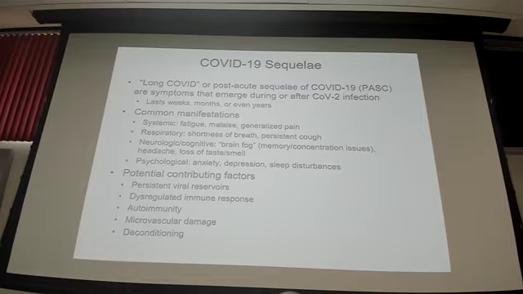Most people will have mild COVID cases, moderate COVID cases, even asymptomatic COVID cases. But you've probably heard of this phenomenon of long COVID, very long sequelae that occur after you've cleared the virus itself. There's a whole range of different common manifestations that occur after you have cleared an infection. It's still pretty mysterious.